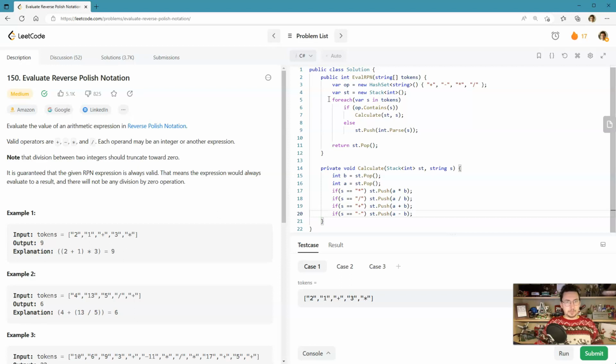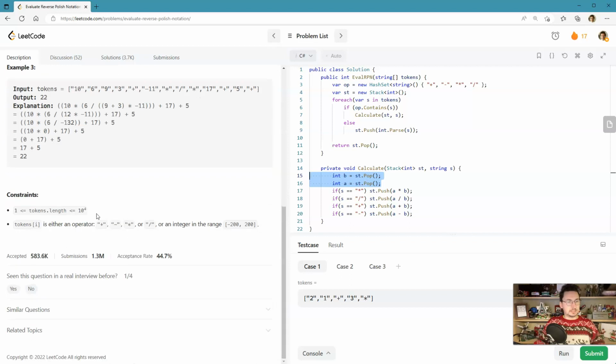So we will read our array and we will put all values on the stack converted into integers. Once we face any of these operators, we will take two values from the stack, compute the operation and put the result on the stack.